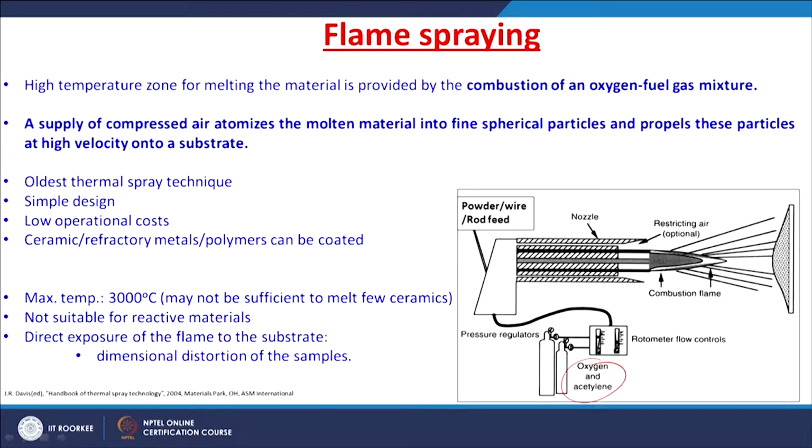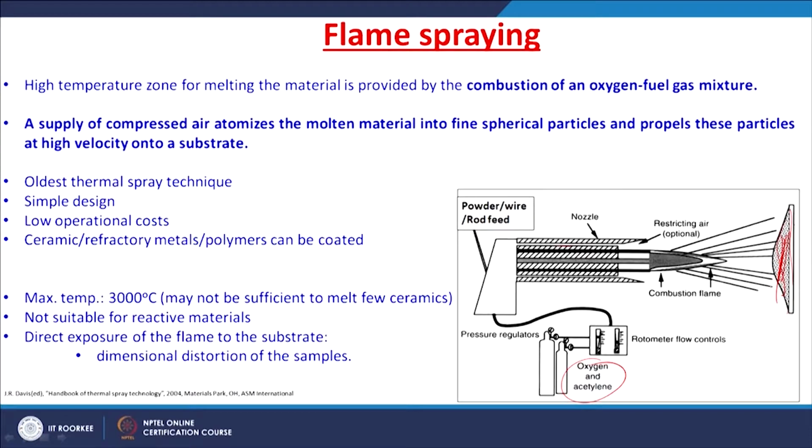So, an oxygen and acetylene gas mixture is given into this chamber, where the powder or the wires or the rods are fed, and then combustion gives a temperature of around 3000 Celsius, and then these materials are accelerated and impacted on the substrate to become a coating, right.